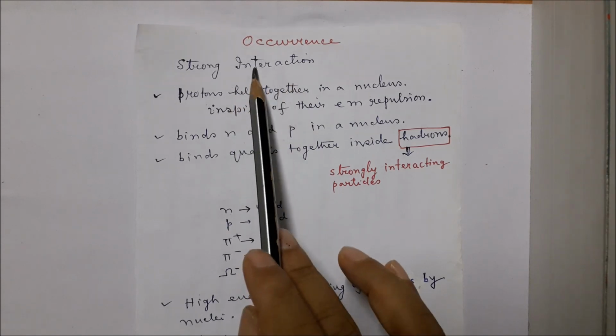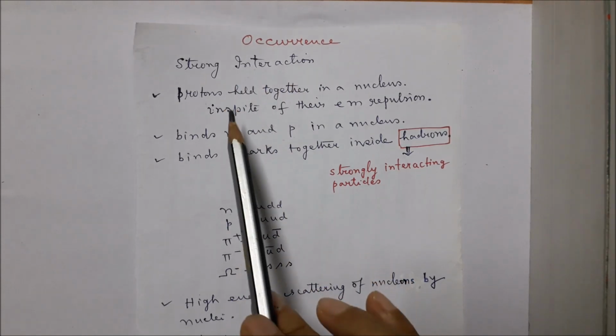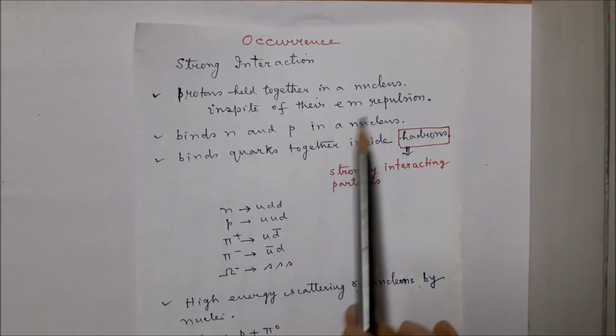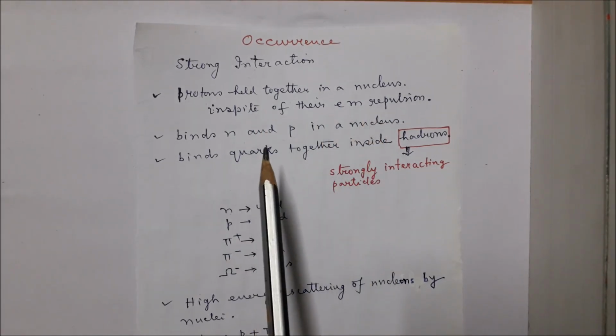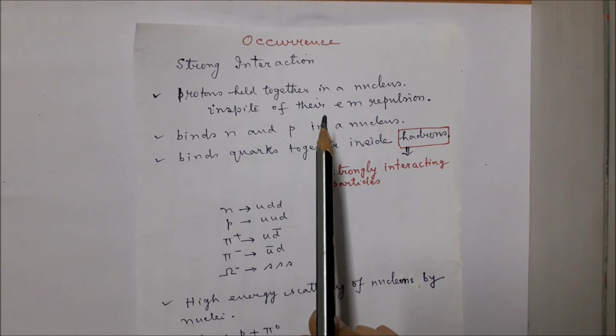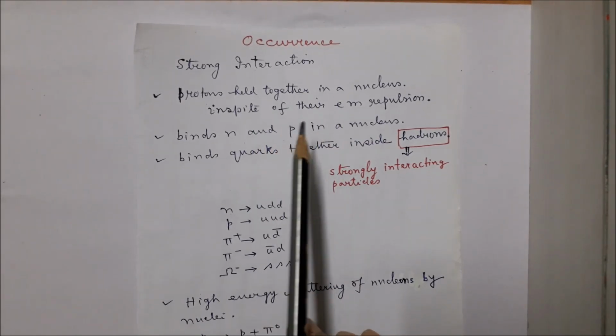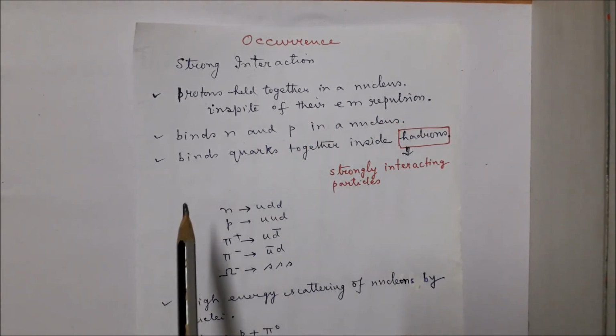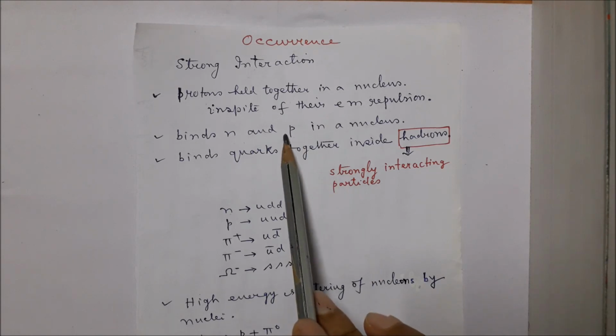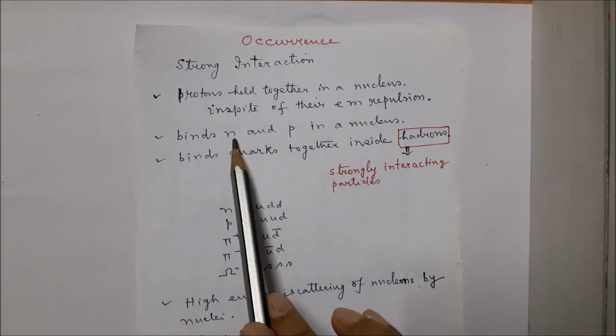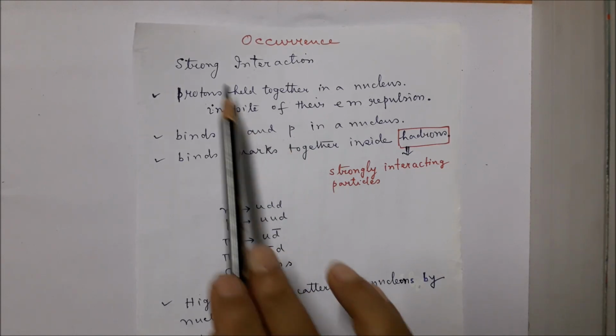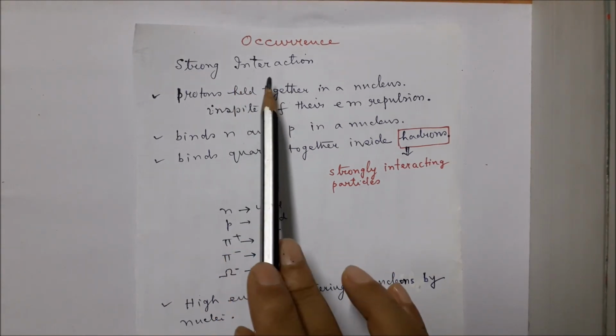So it is strong interaction that is responsible for the stable existence of the nucleus, with which atoms are built and with which we all are made. So proton and neutron are bound through strong interaction in a nucleus.